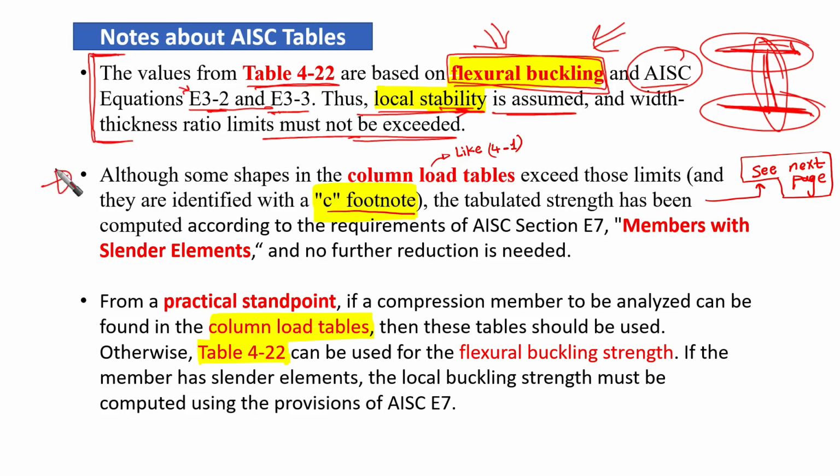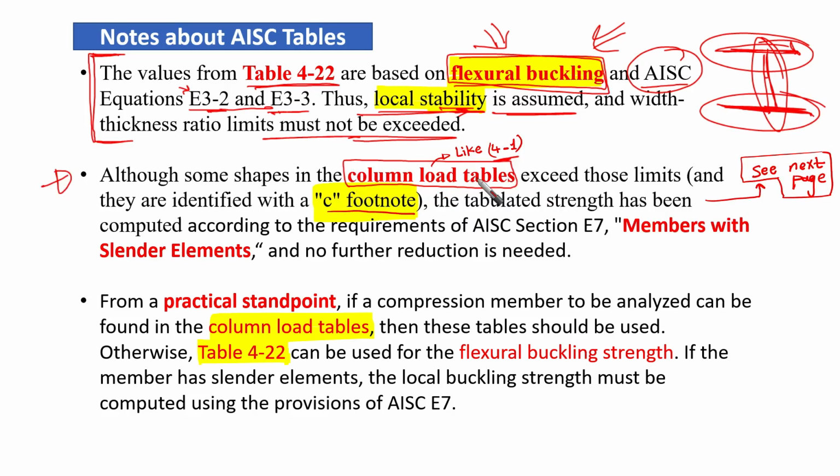Another hint, which is also important: although some shapes in column load tables, we are talking about the column load tables now, table 4-1, exceed those limits, the limits of the flanges and web, which is the width-to-thickness if we're talking about the flange, or height-to-thickness when we are talking about webs.